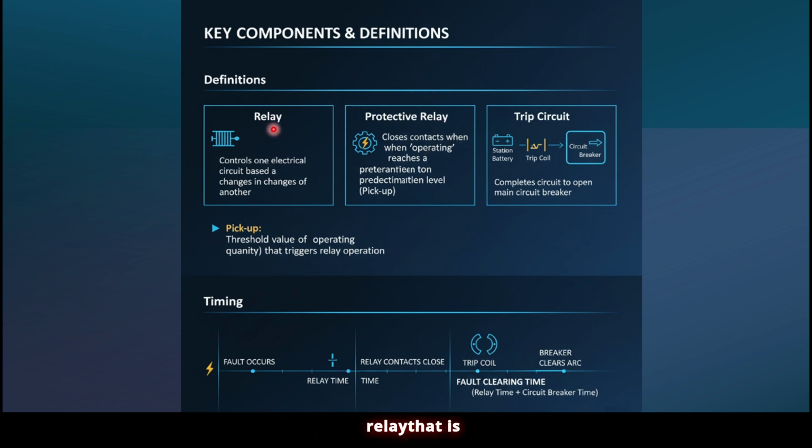What is a protective relay? It is a relay that is connected in the circuit, in our electrical components, that gives an alarm, gives a signal, based on a predetermined value of current.